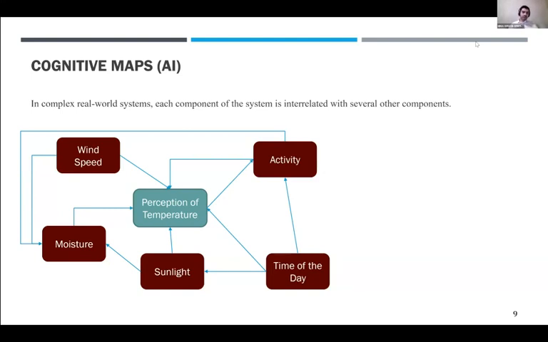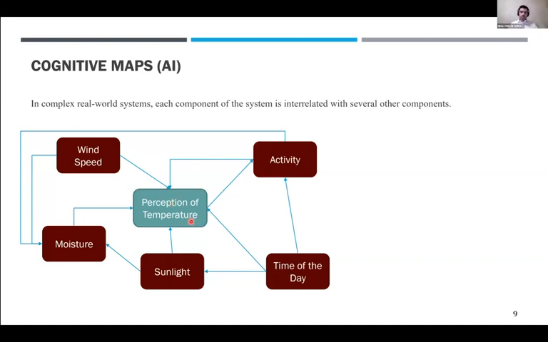So in order to see how this complex structure of different factors or parameters works, and what I feel in the end, if I want to model the behavior of people inside the building, I have to be capable of looking into this perception of temperature. I have to know at every time of the day how agent A or agent B is perceiving the temperature, and whether they are going to open the window, or turn the AC on or not.